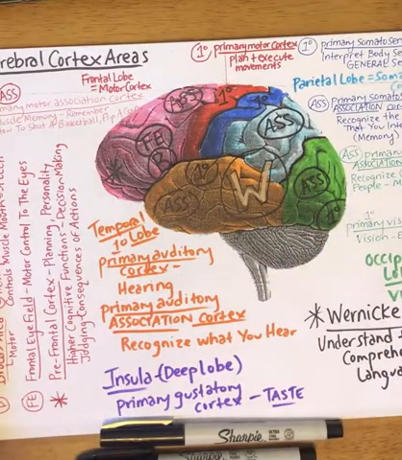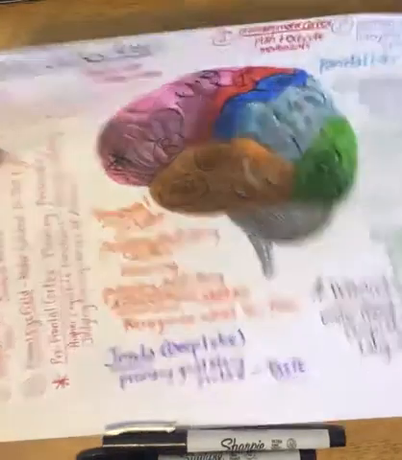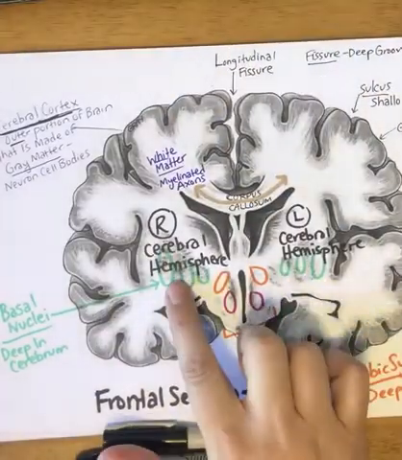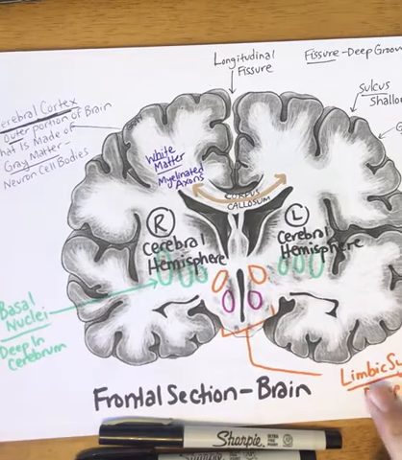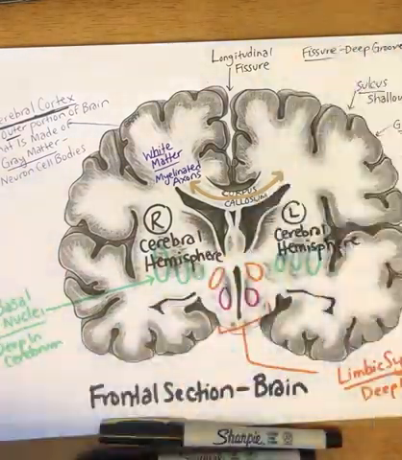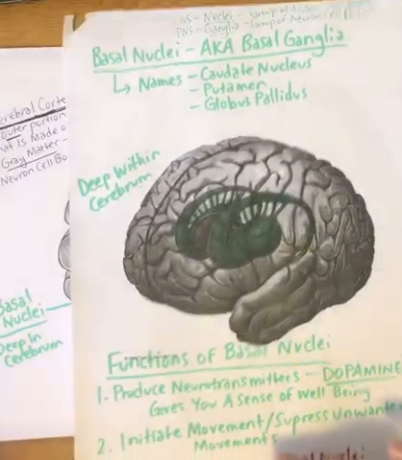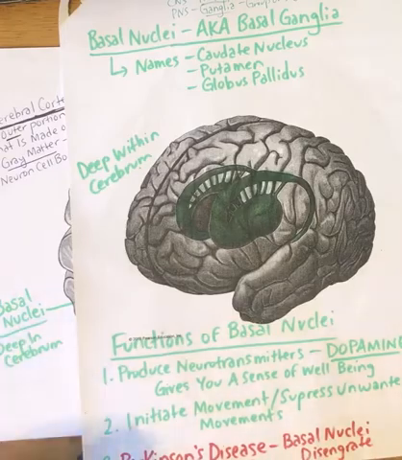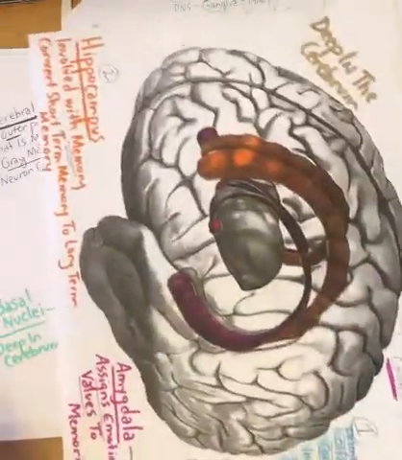And then the last thing that we've done is we're doing deep to the cerebrum. So we went back to this picture to talk about the basal nuclei and the limbic system. So we've covered all of the cerebrum.